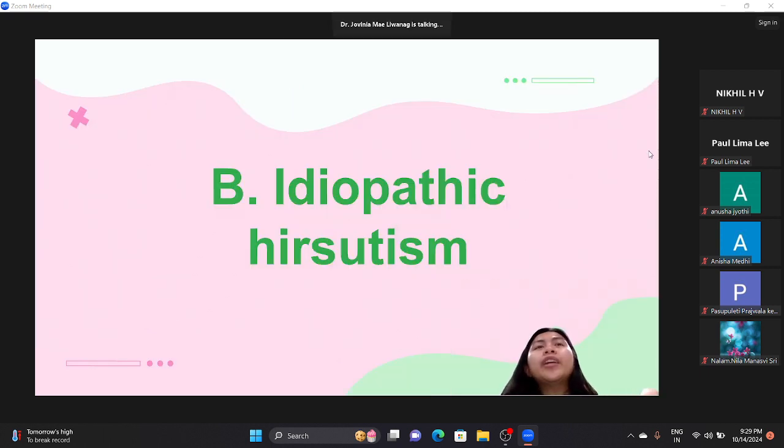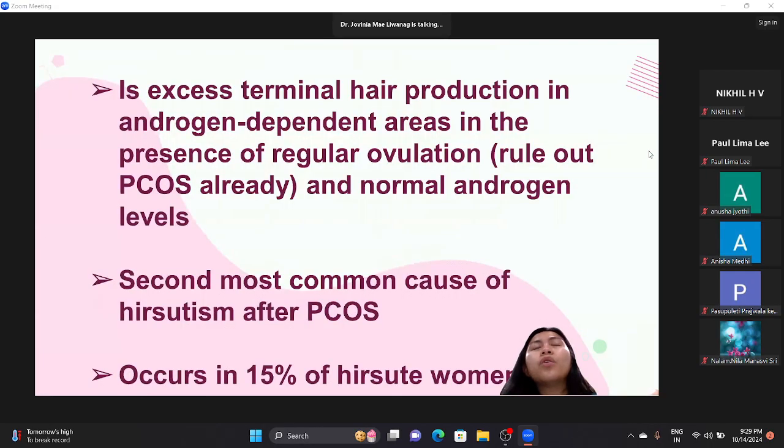Idiopathic hirsutism is an excess in terminal hair production in androgen dependent areas. Where are the androgen dependent areas? It is to rule out PCOS already. If there is such, we should rule out PCOS because usually that's a normal androgen level. That's why it's drug induced.